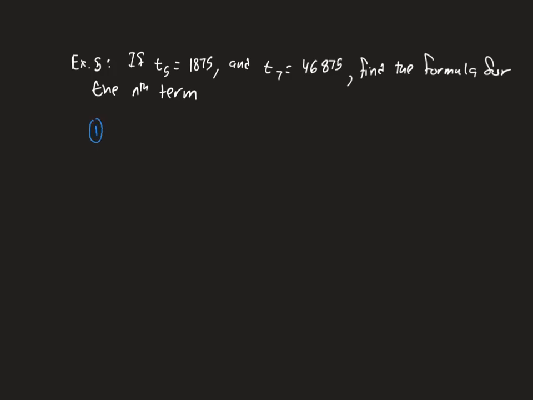We know T5, so T5 is 1875 is equal to a times r to the power of 5 minus 1, which I know is going to be 4.